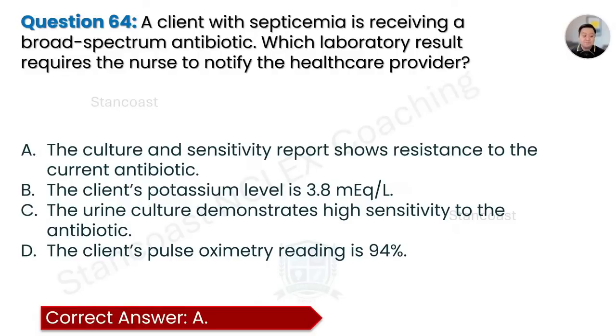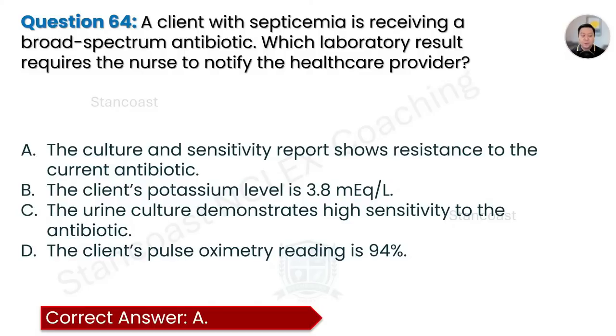Letter C, high sensitivity in a urine culture indicates that the antibiotic is effective and appropriate for the infection. And for letter D, a pulse oximetry reading of 94% is acceptable, and it shows that there is adequate oxygenation, and there's no need for us to notify the healthcare provider this time.